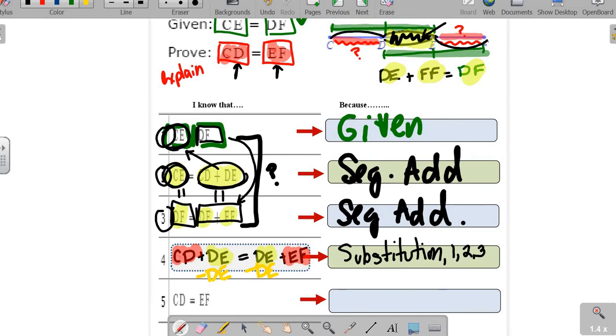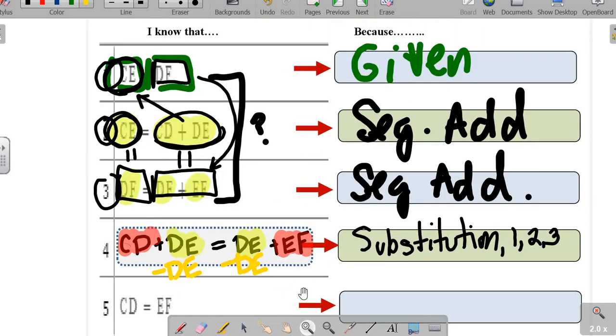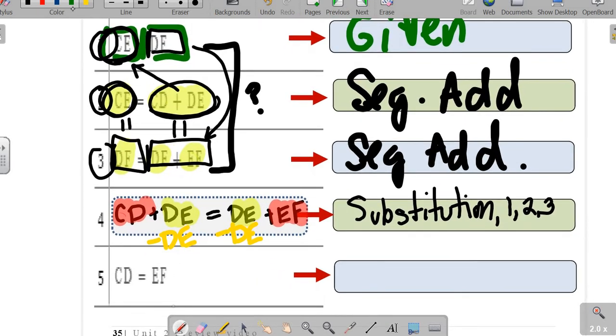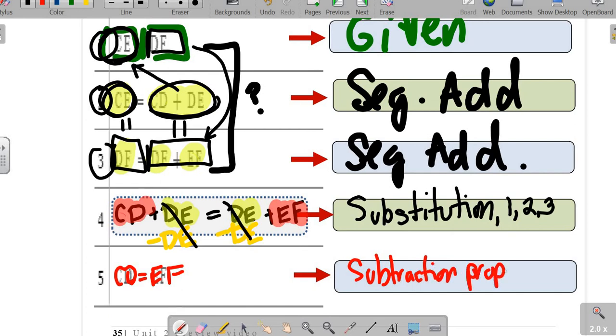We're subtracting DE from both sides. And when you do that, we end up with what we're trying to prove. CD is equal to EF. And the reason that's true at this last step is the subtraction property. We must use that word property. And what line did we use? Line 4.